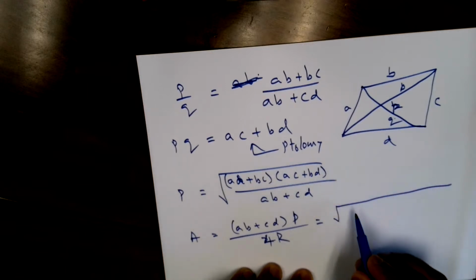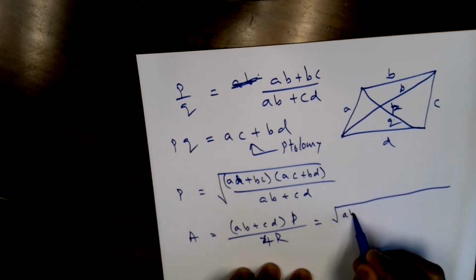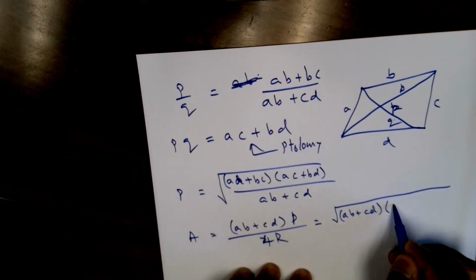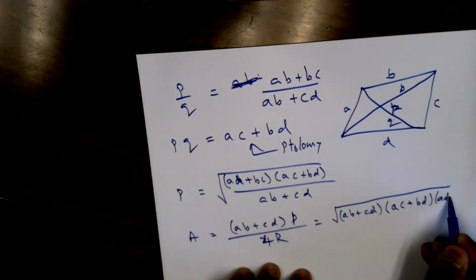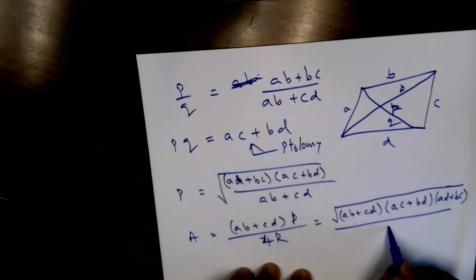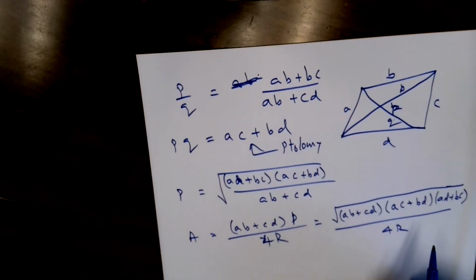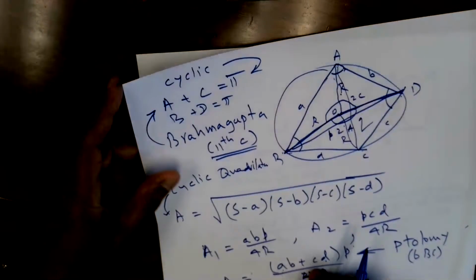So this turns out to be AB plus CD, three factors, AD, AC plus BD, all the three terms you can generate, AD plus BC divided by 4.